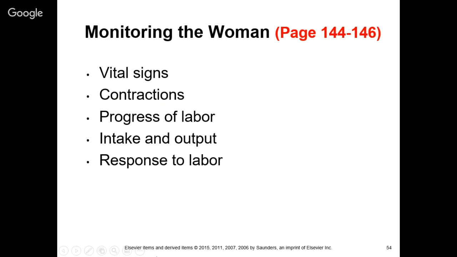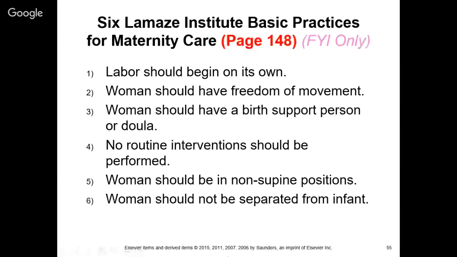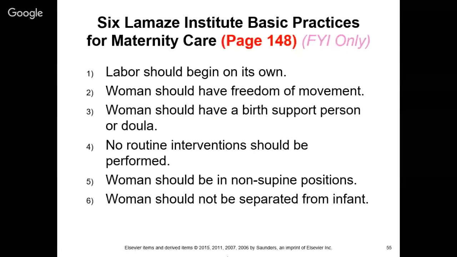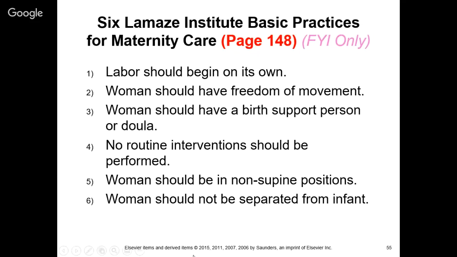Now monitoring the woman: vital signs, contractions, the progress of labor, her I's and O's, and her response to labor. How's she coping? You don't need to know this, these are the 6 Lamaze Institute basic practices. Supine position: I remember walking increases contractions.